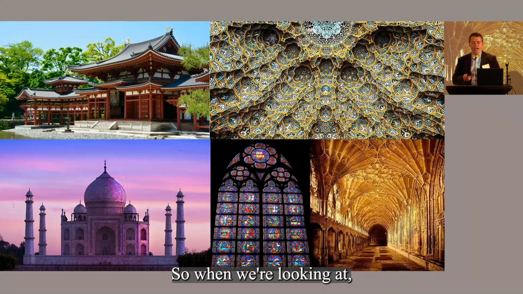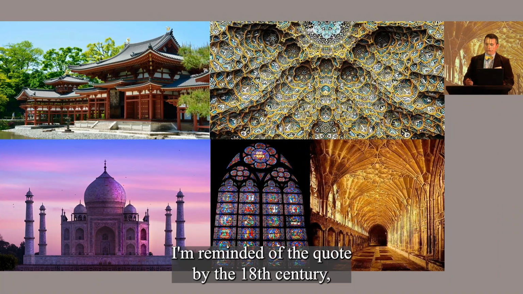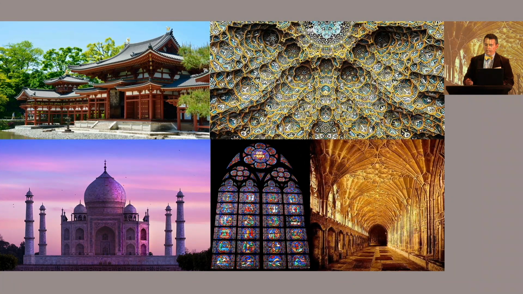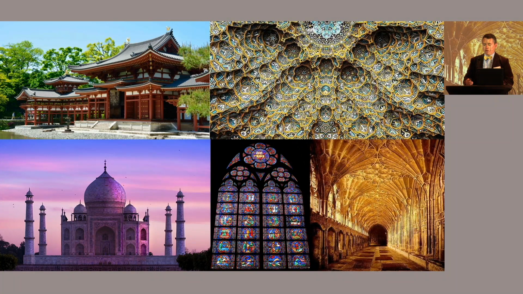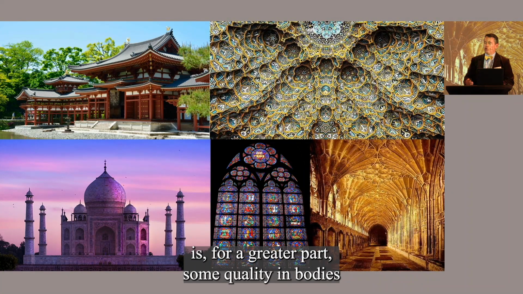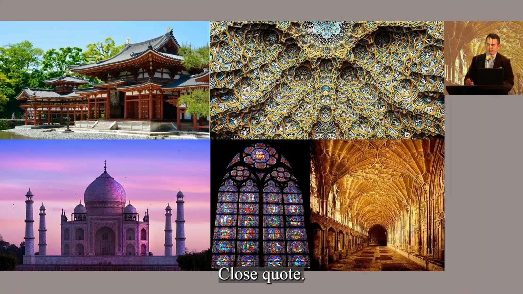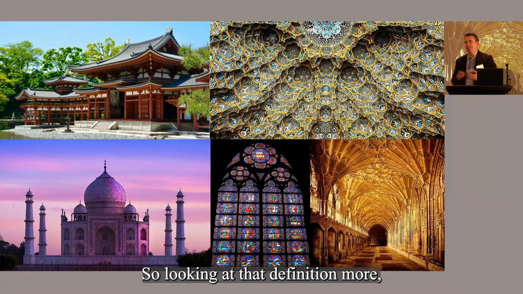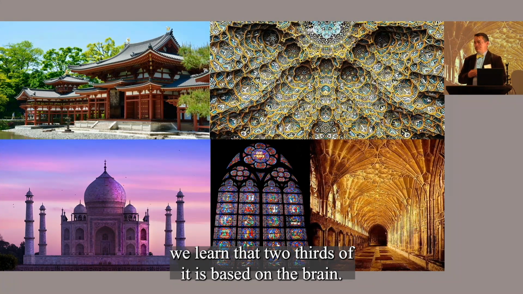So when we're looking at these images, for instance, I'm reminded of the quote by the 18th century Edmund Burke, who suggested that beauty is for a greater part some quality in bodies acting mechanically upon the human mind by the intervention of the senses, close quote. So looking at that definition more clearly by Edmund Burke, we learn that 2/3 of it is based on the brain.